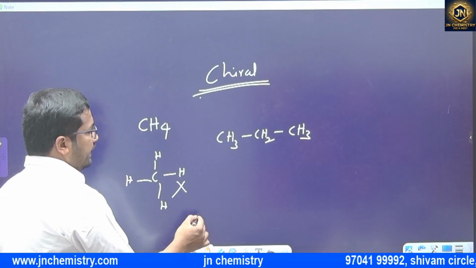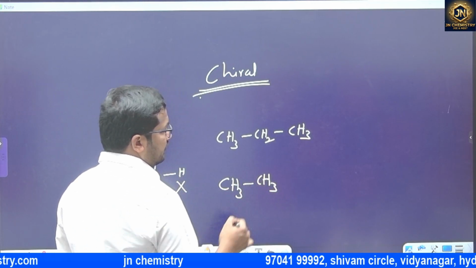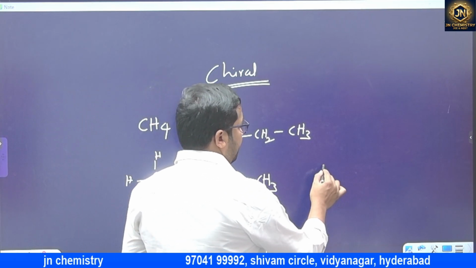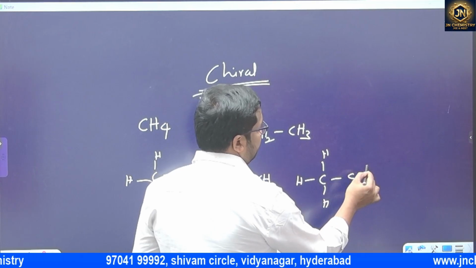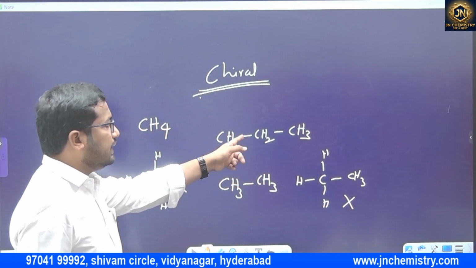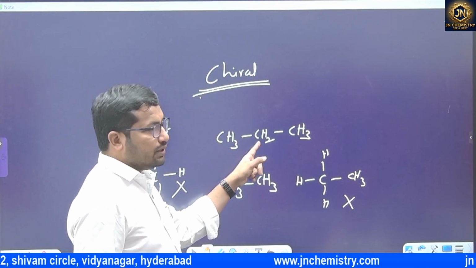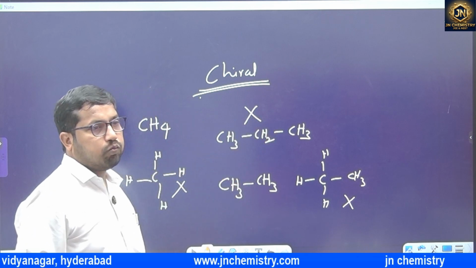Take ethane. Does ethane have any chiral center? The 3 hydrogens on this carbon are the same, and the other carbon is also the same. No.